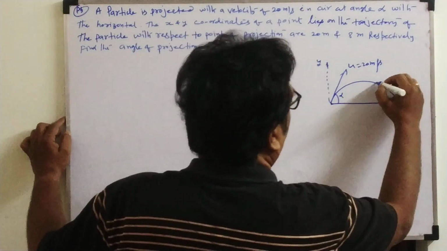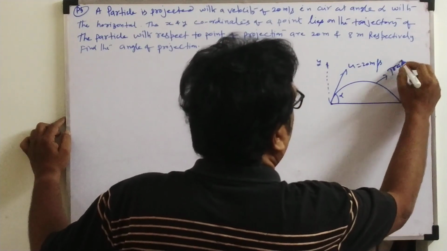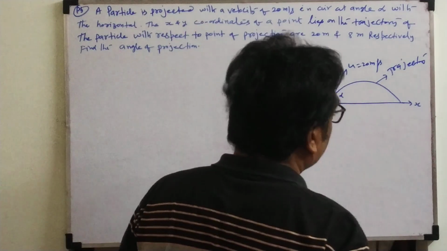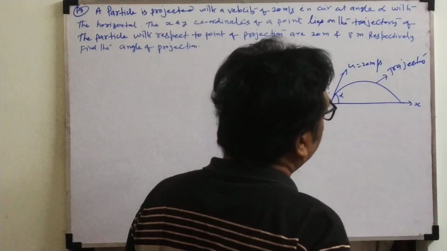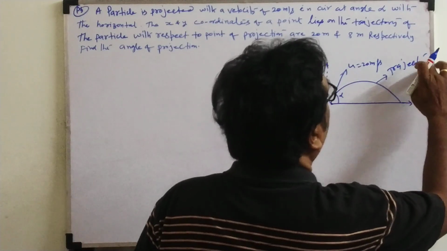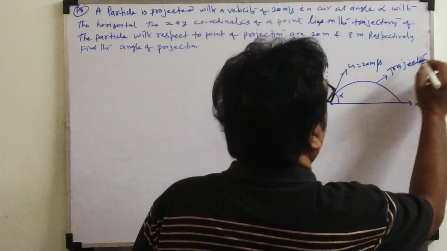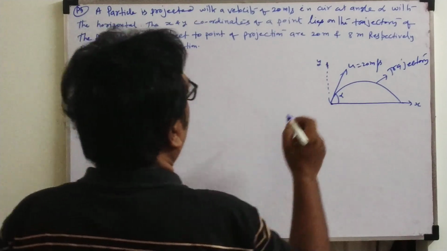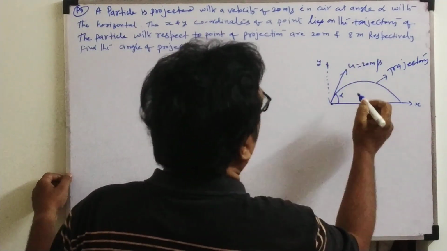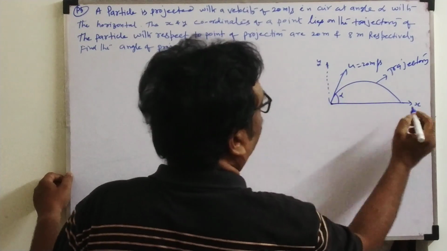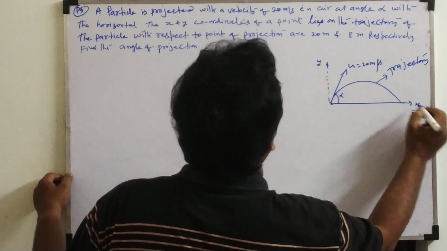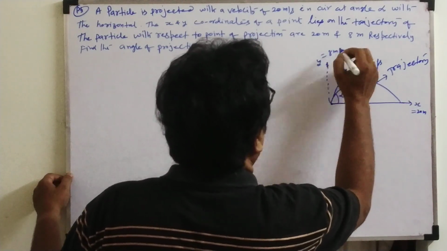This is called the trajectory. So the trajectory is the path of the particle with respect to the point of projection: x is given 20 meter, and y is given 8 meter.